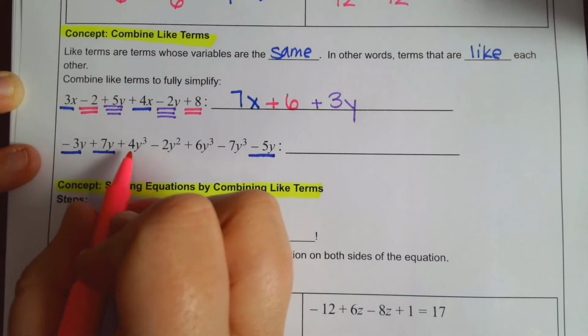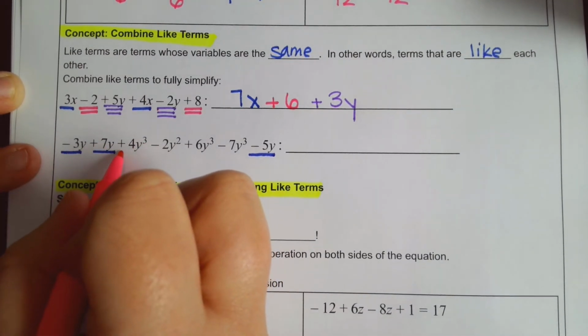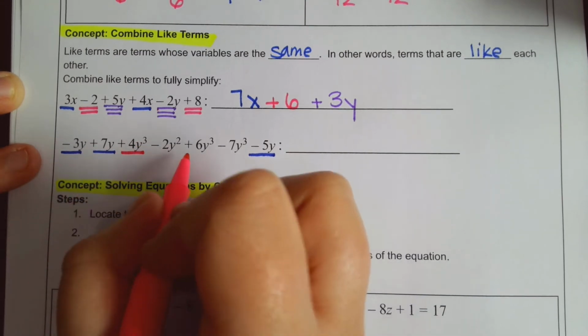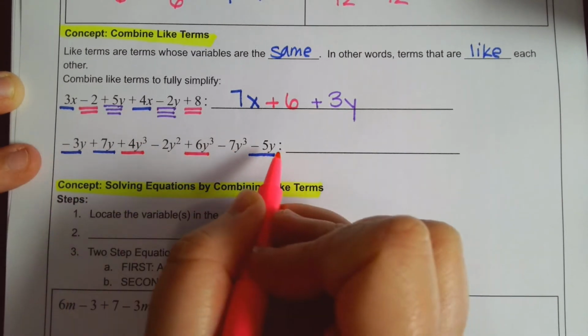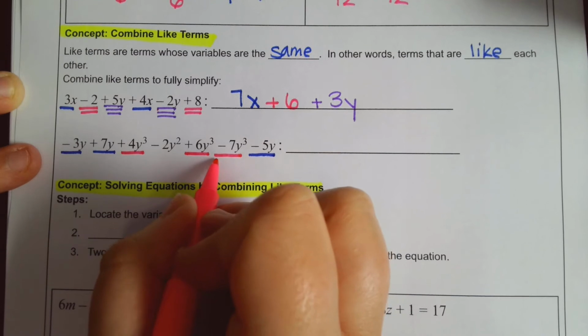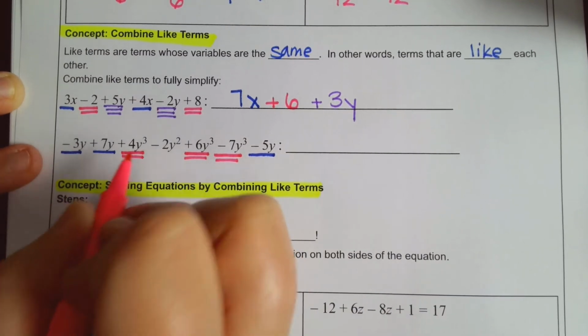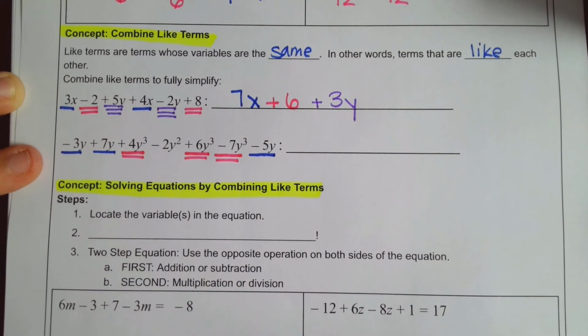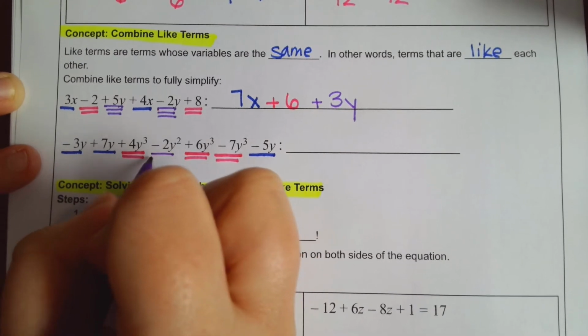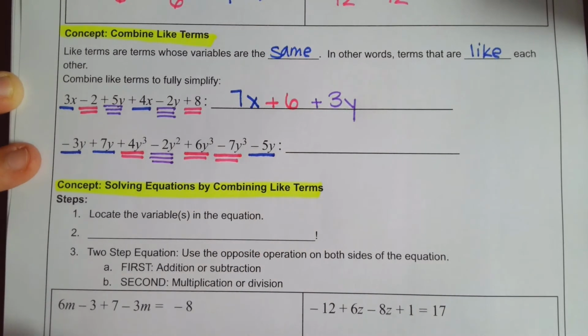Then in pink, I'm going to do the y to the 3's. So 4y to the third, 6y to the third, and minus 7y to the third. And I'm going to double underline those to keep track of them. And as you can see, our final one is all by itself, so it will not get combined.